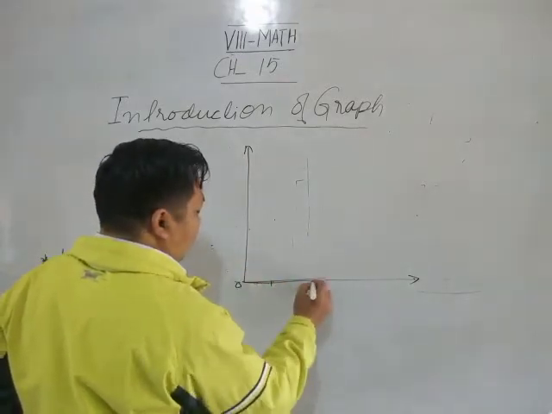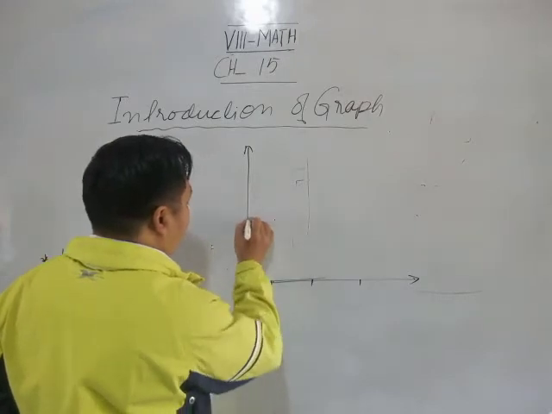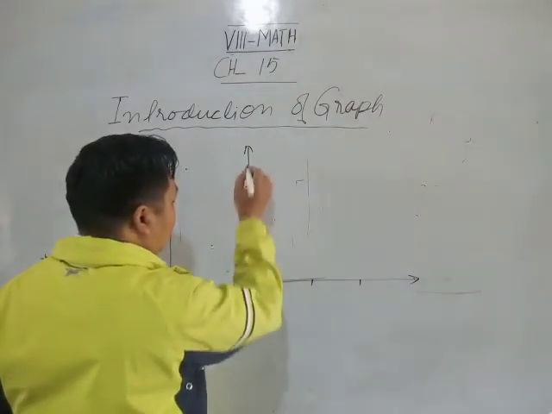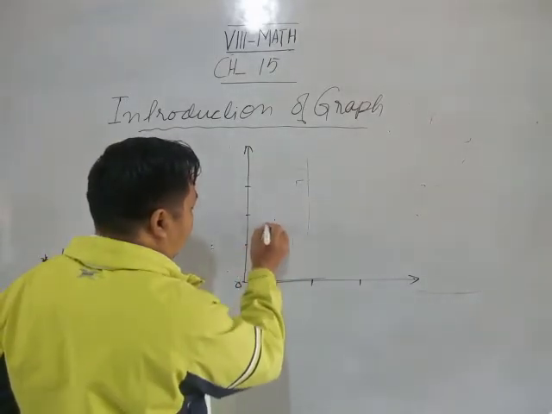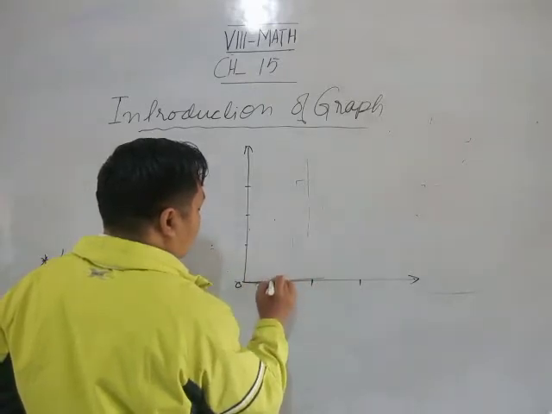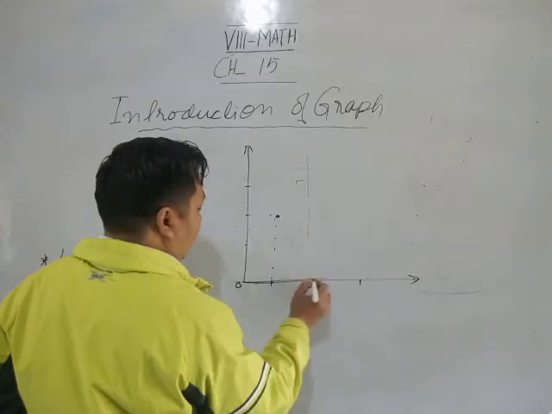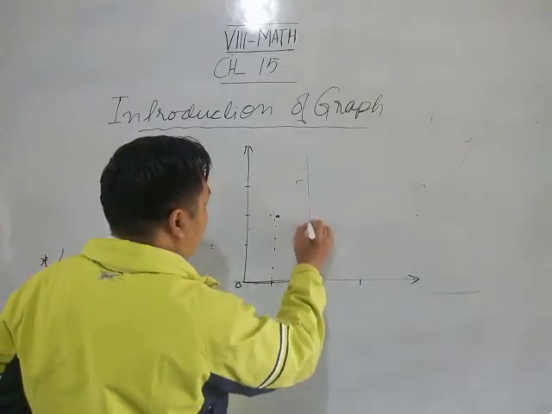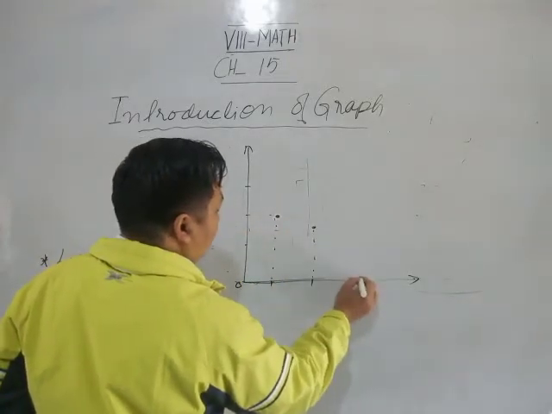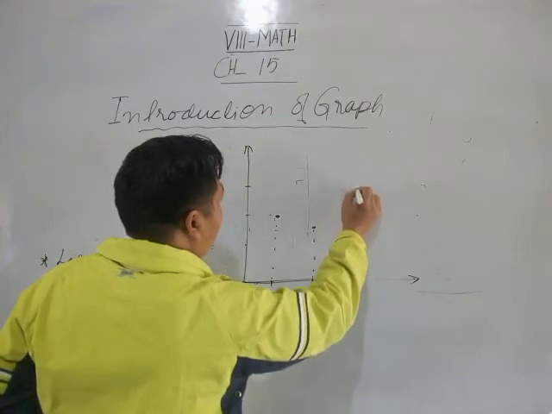So in a line graph, you will find points or values on the x-axis and y-axis. Any value represented from here will come up to this point. From this to here, this point; this to here, this point.